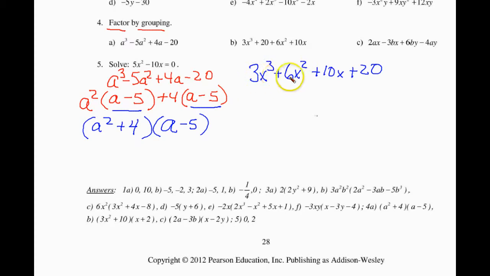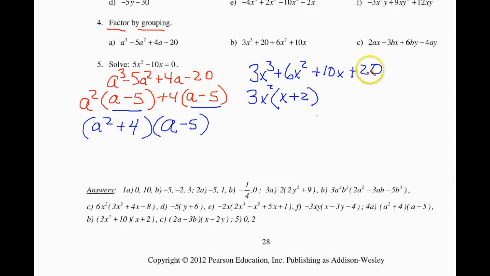Out of these first 2 now, I can take out a 3x, and I get an x squared. Well, I get an x squared I can take out actually. So I get an x there. That's what I want. Plus 2.